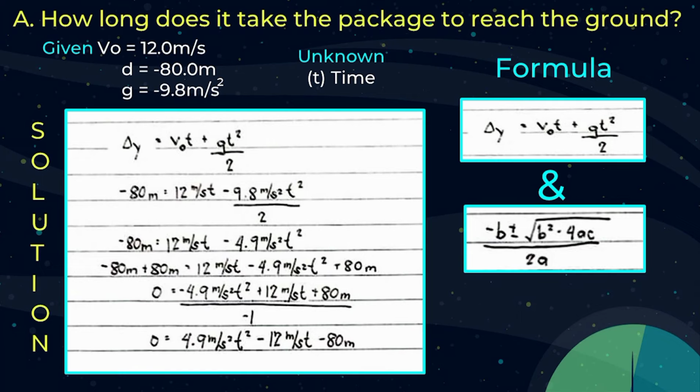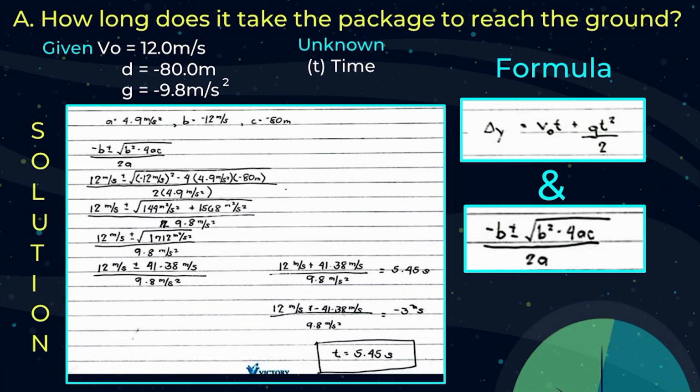To obtain a positive value for the first term, we divide the whole equation by negative 1, giving us 0 is equal to 4.9 meters per second squared t squared minus 12 meters per second t minus 80 meters. Since this is a quadratic equation, we will use the quadratic formula, negative b plus or minus the square root of b squared minus 4ac over 2a, to get the value of time.